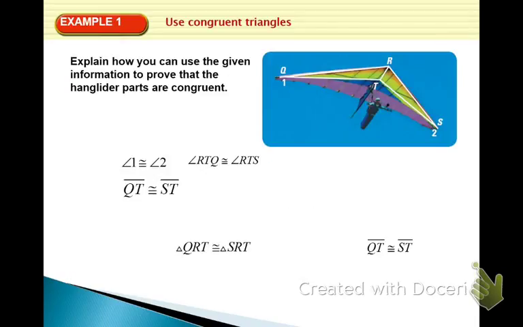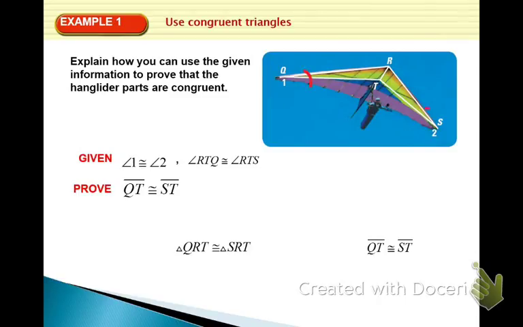So in this, how can we use the information to explain how the angle parts are congruent? We're given angle 1 is congruent to angle 2. So let's mark that.